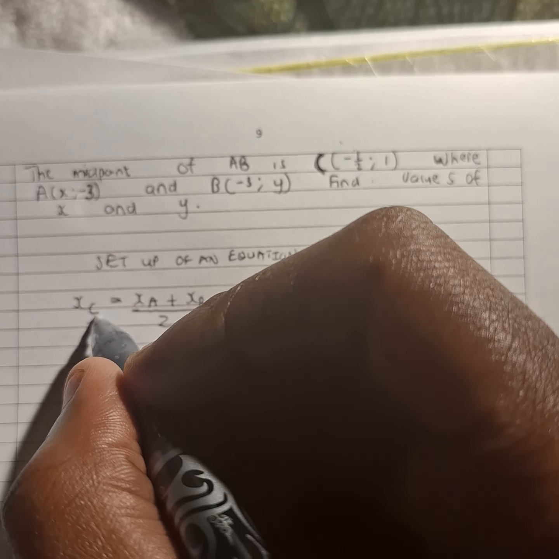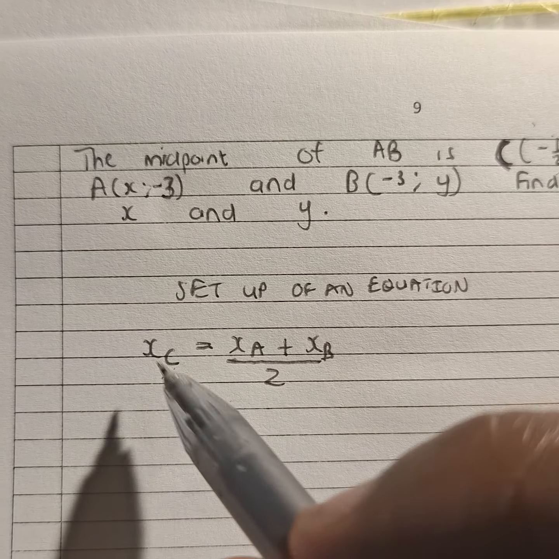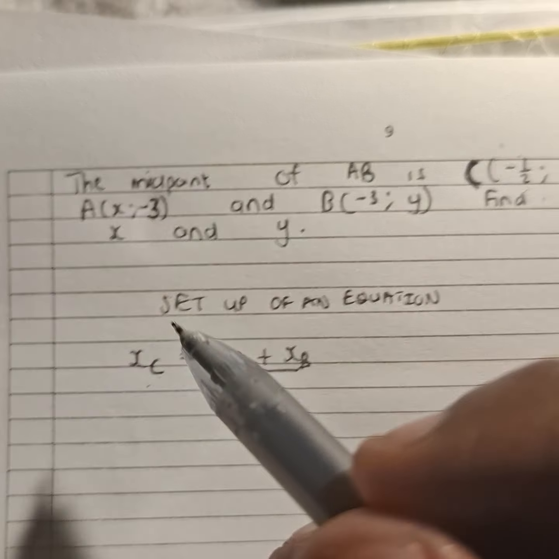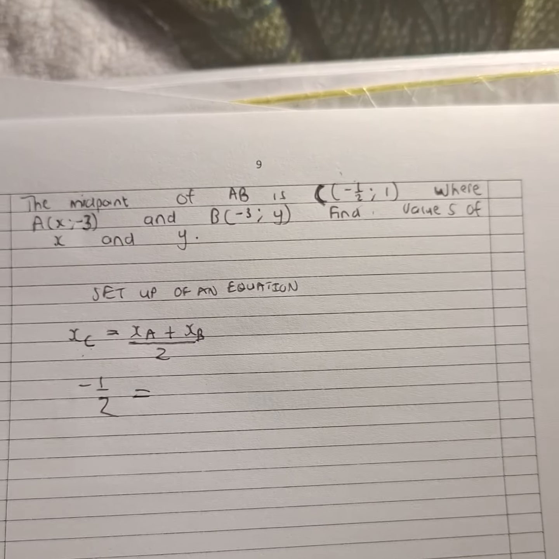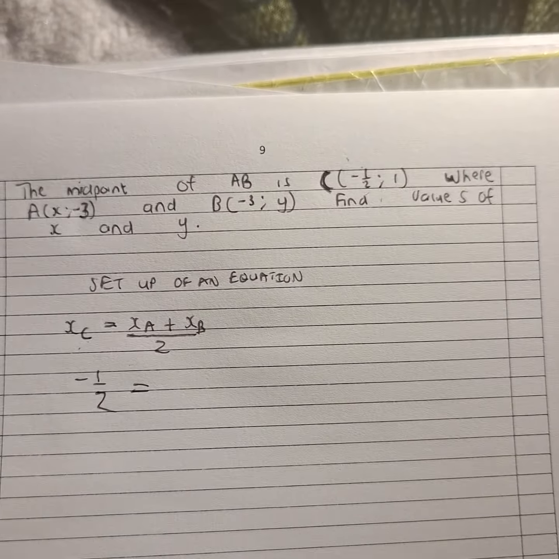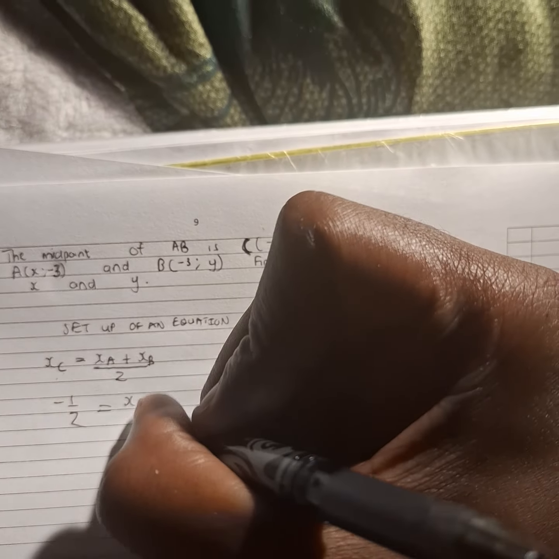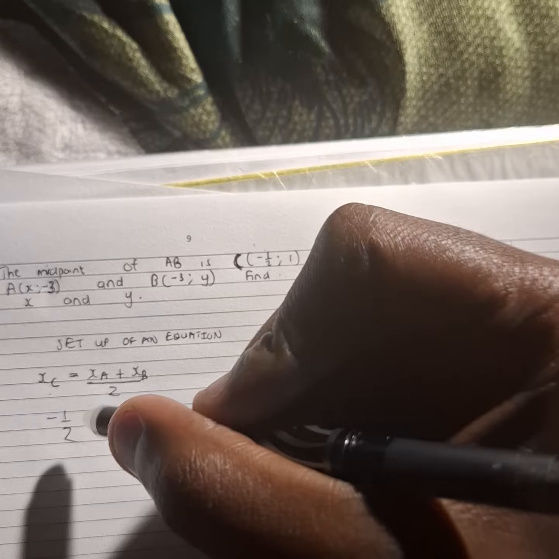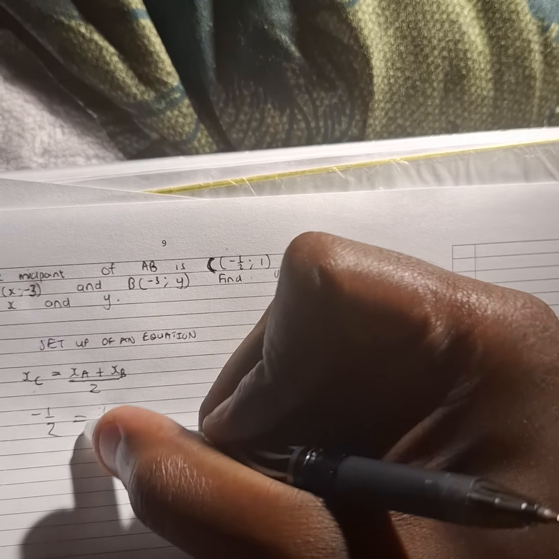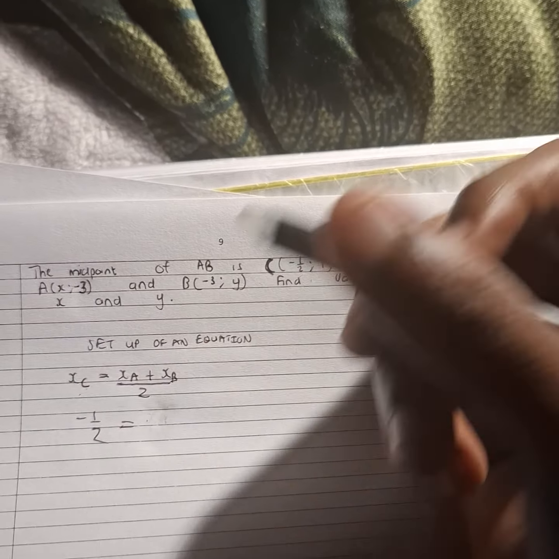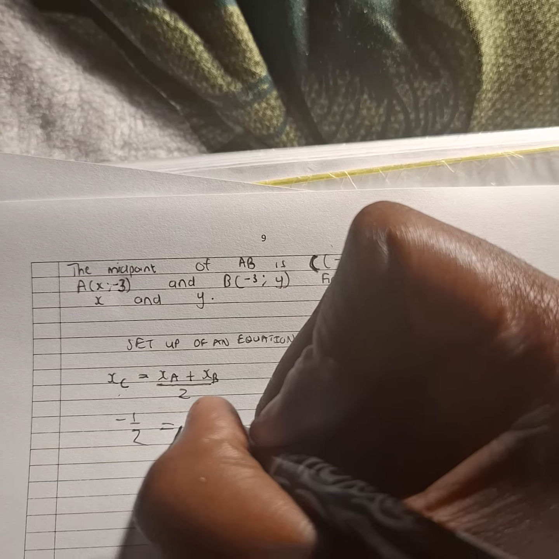So what's the x coordinate of C, in other words the x coordinate of the midpoint? We are given it. It is -1/2. That is equal to what? What's the x coordinate of A? Well, I don't know. That is what I want to find, and it is designated with the letter x.